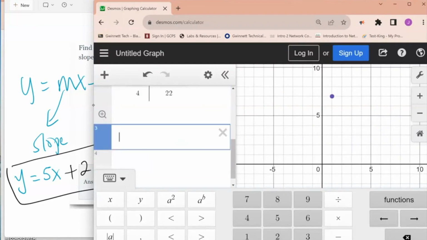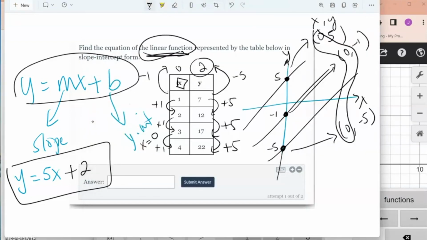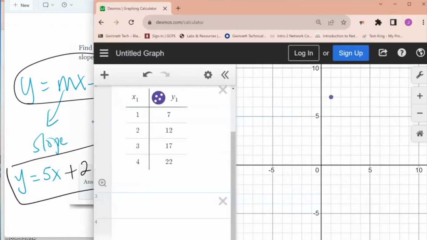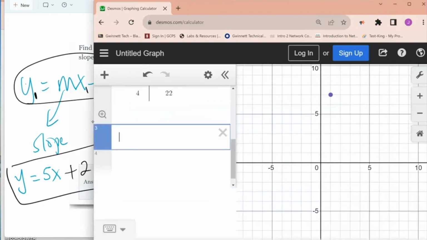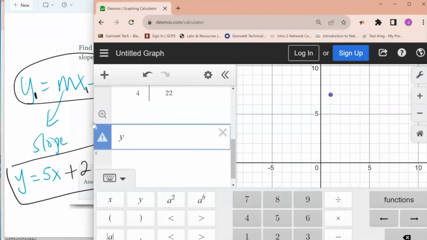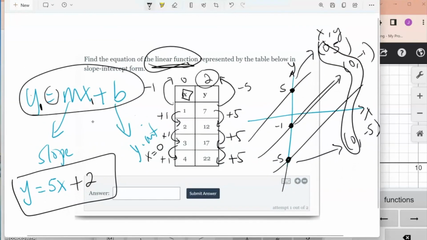Once you have that in, because I know it's linear, why do I know it's linear? Because they tell me it's linear. Linear must look like this, right? To put that into Desmos, you have to use this notation where you see y and x, you have to put a sub 1. So type y sub 1, and if you just do y1, it does it for you. Then instead of an equal sign, you're going to put a squiggly line.